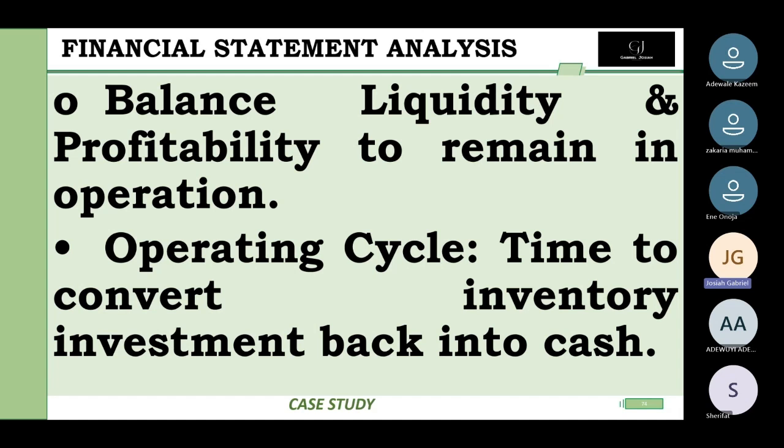Most of the time, that inventory is sold in cash or on credit, and recouping those credits takes a period of time. So where inventory is sold on credit, the time to quickly convert that credit to cash is what we are measuring in the operating cycle.